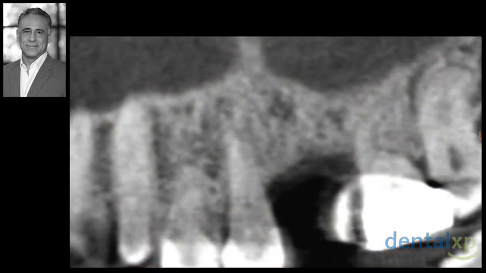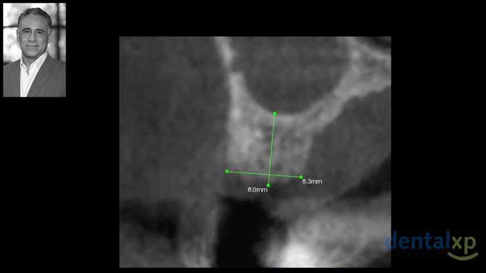Our diagnostic CBCT in this patient demonstrated 8 millimeters of available bone height due to proximity of the sinus floor and presence of an excellent amount of bone width.